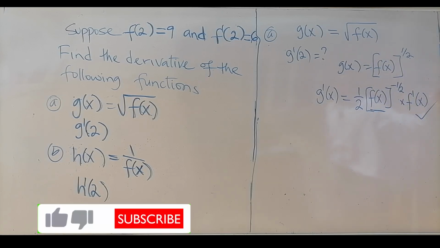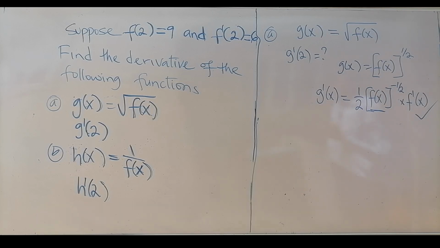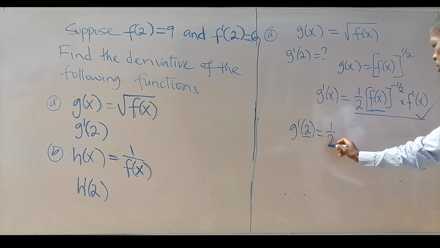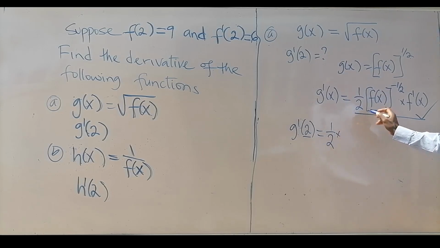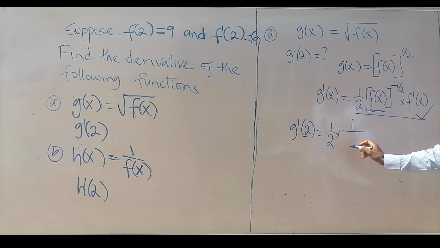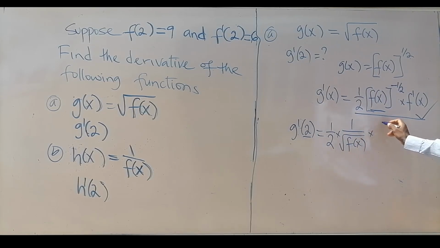That is what we do for this particular chain rule. Then the next thing to do is to look at the given information. So now do the algebra. That will be 1 over 2 times 1 over the square root of f of x, and then times f prime of x.